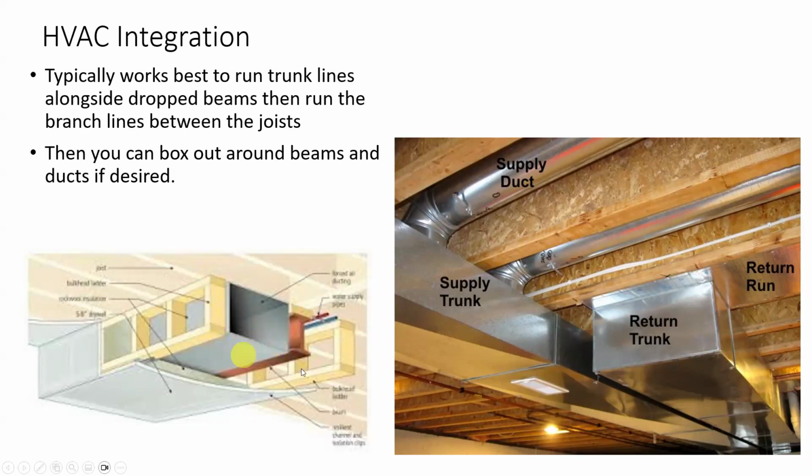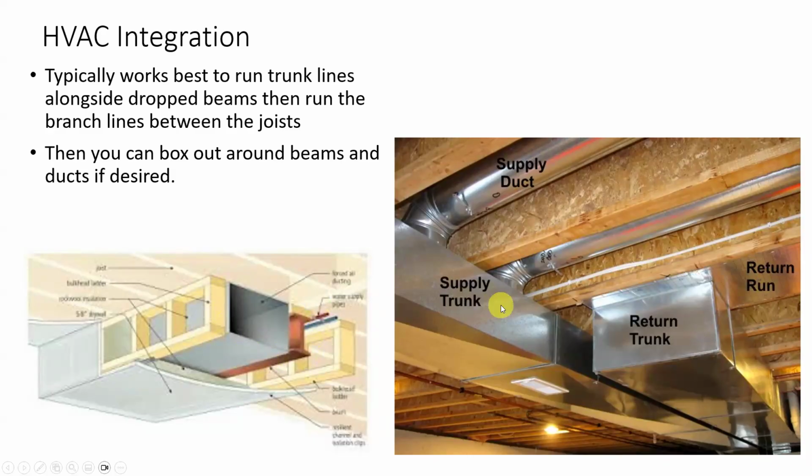They typically build what's kind of a soffit. They soffit out around that. So you can see they build like a bulkhead on both sides and then they span across there. And so it looks nice and integrated when you have your finished basement. And by putting the trunk line and maybe the water piping or some plumbing lines, we can get all that into one dropped bulkhead or soffit.